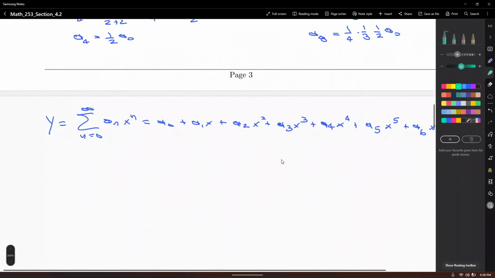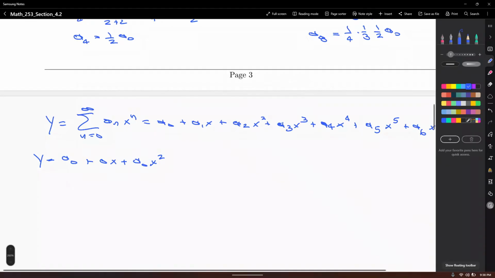So how about we simply cancel them out? Actually, I'm going to write them down, just to be consistent. So this will be y equals a0 plus 0x plus a0 x squared.